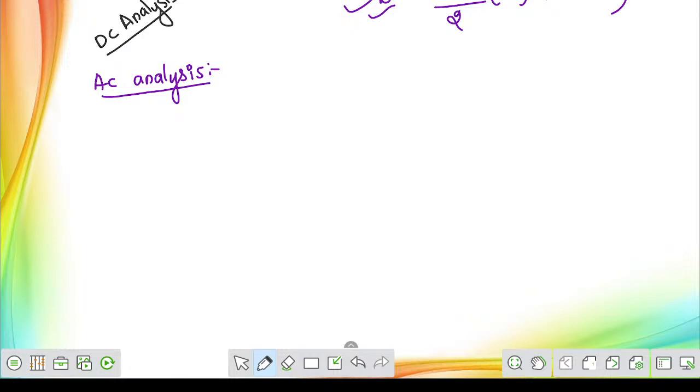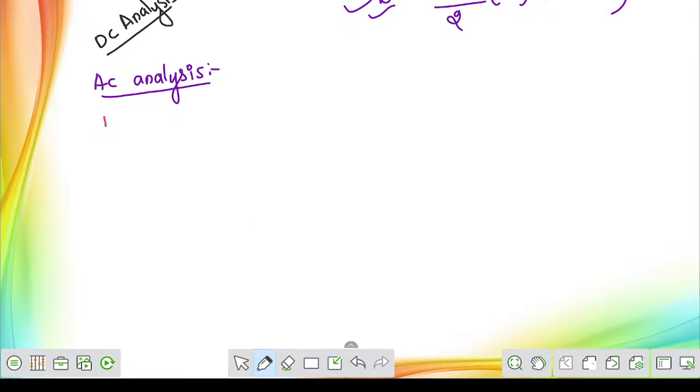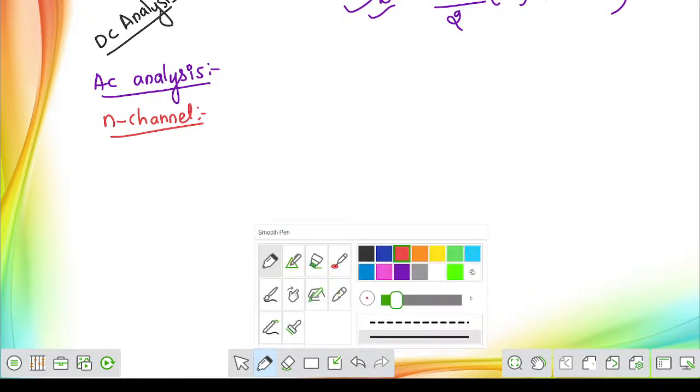I will tell you what changes we will have to make if we are doing the same thing for P-channel MOSFET. As usual, from the beginning, I am doing everything for N-channel MOSFET. At last, I will tell you the difference. If you are doing the same thing with the P-channel MOSFET, a small variation will be there that you can directly note down at last.